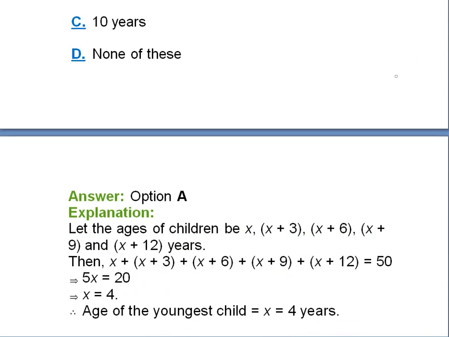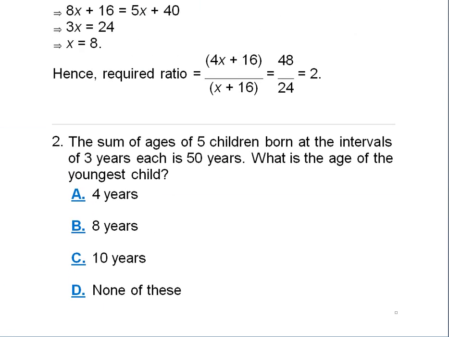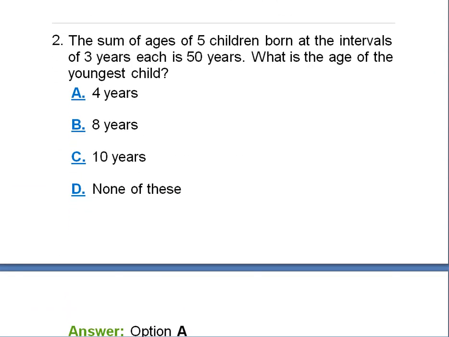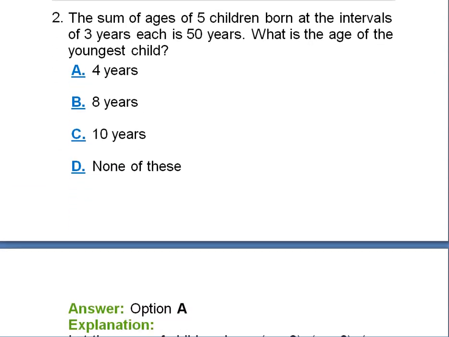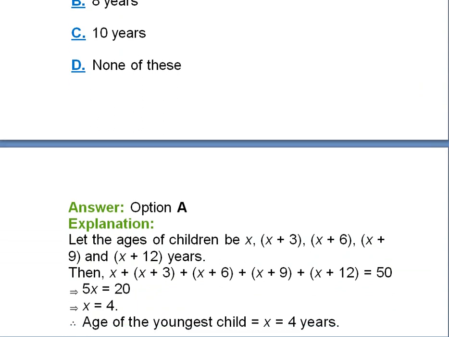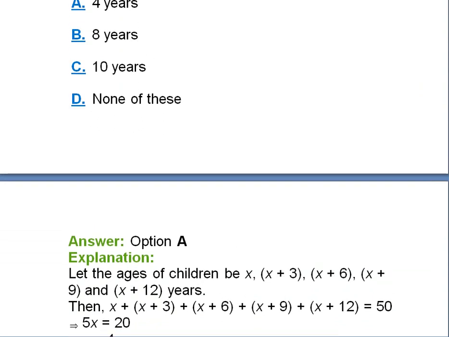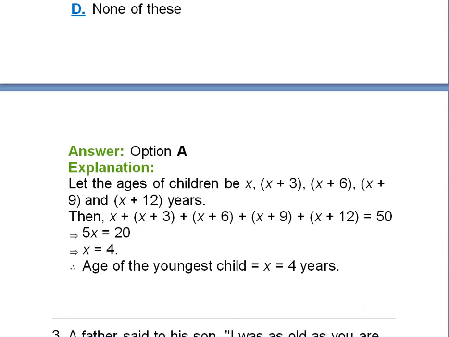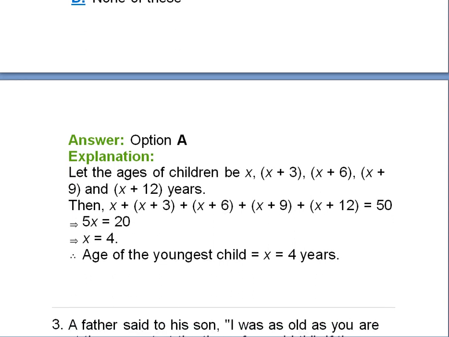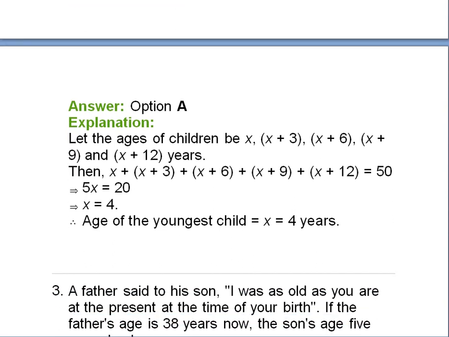Now the sum is 50 years, so we will add all the ages of the 5 children and put it equal to 50. After solving, you will get 5x equals 20 and x will be equal to 4. So the age of the youngest child is 4 years.